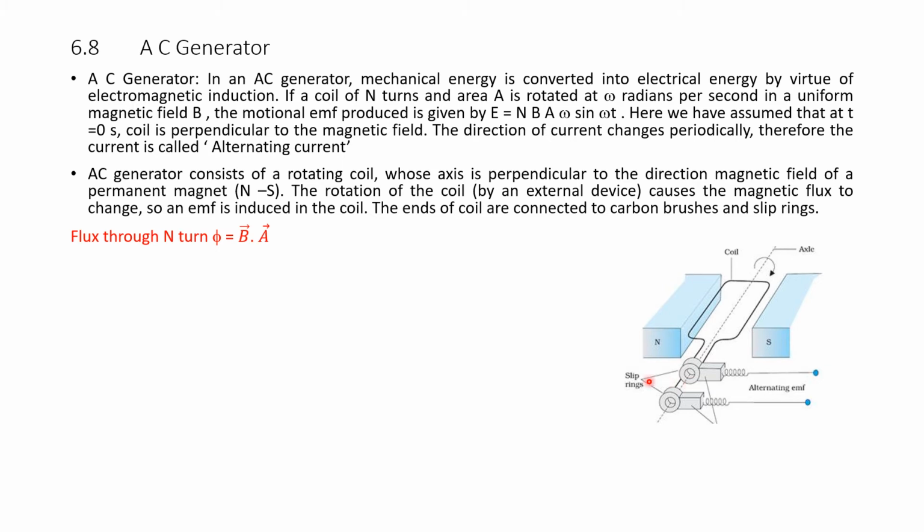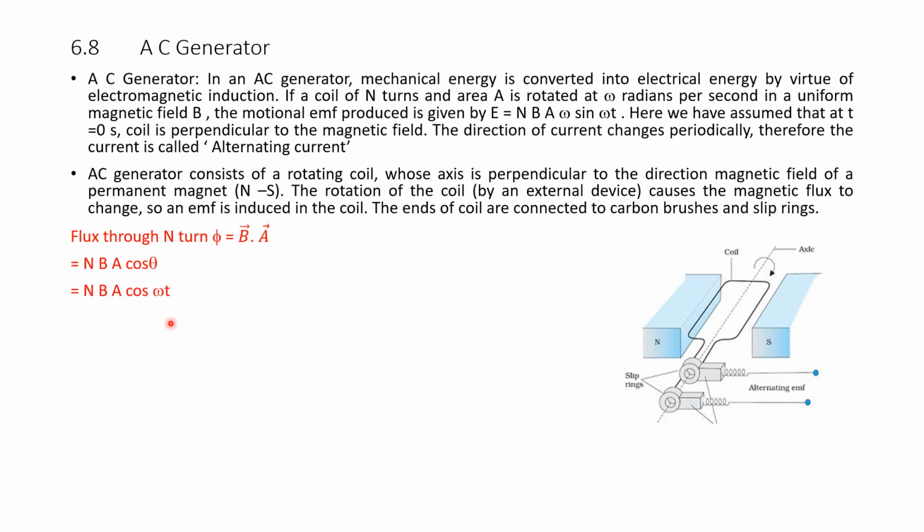Flux through N turns equals phi is equal to B dot A, where B is the magnetic field intensity and A is the area of the coil. Both are vectors. That is also given by the equation NBA cos theta, as we studied in sections 6.6 and 6.7.